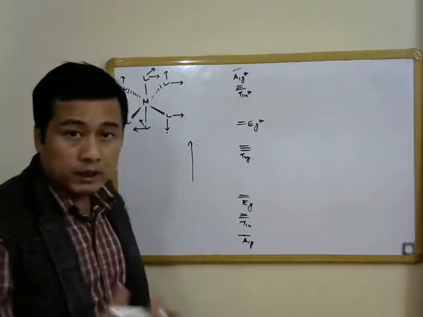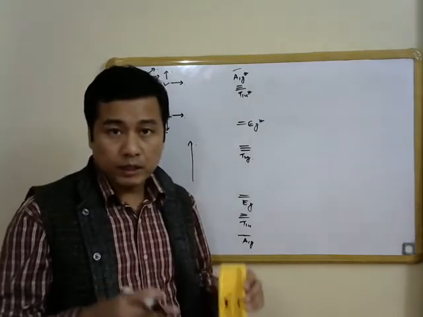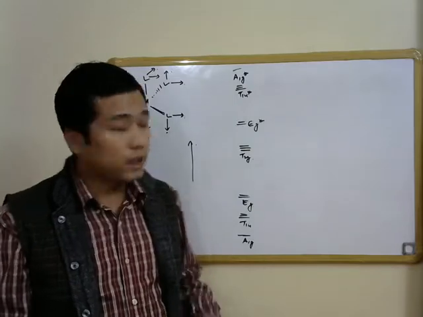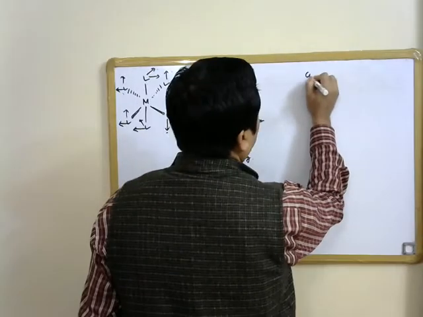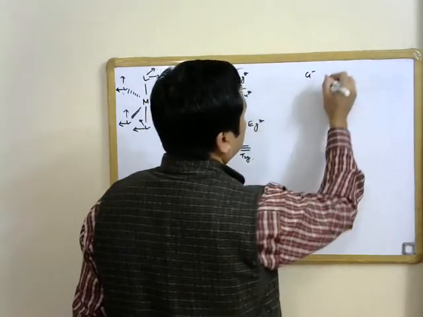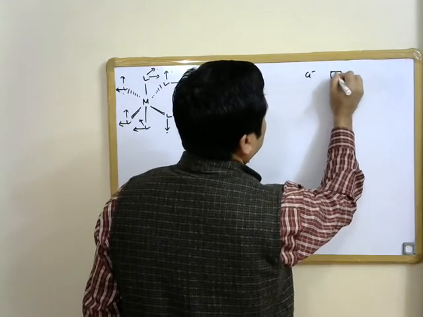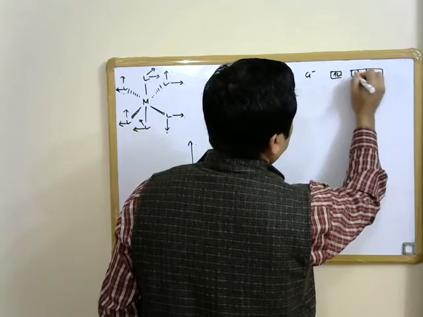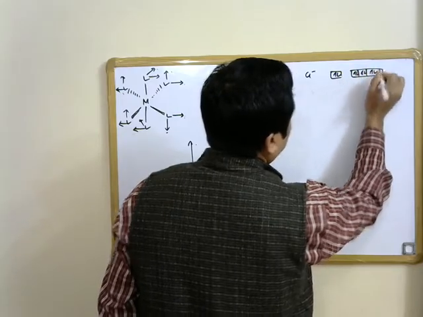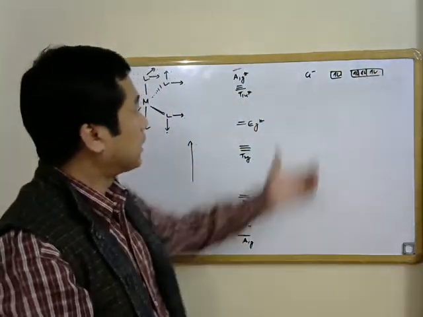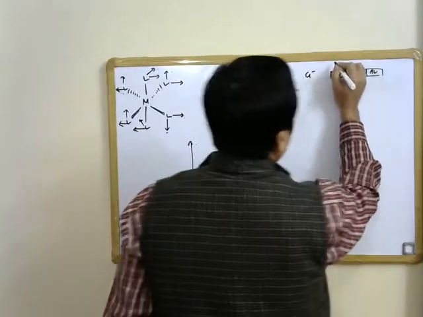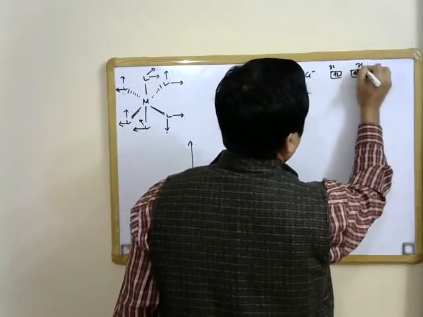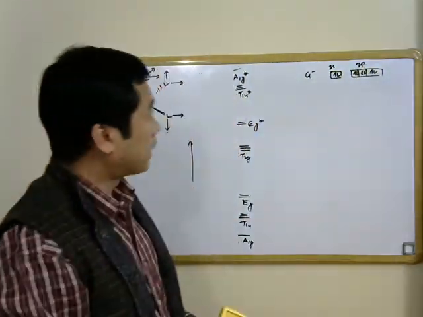Pi donor ligands are ligands which have filled electrons in their orbitals, and examples of pi donor ligands are halides, where the valence orbitals essentially contain filled orbitals. Chloride will have 3s and 3p atomic orbitals.